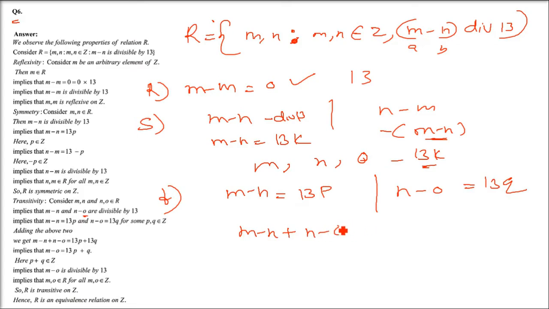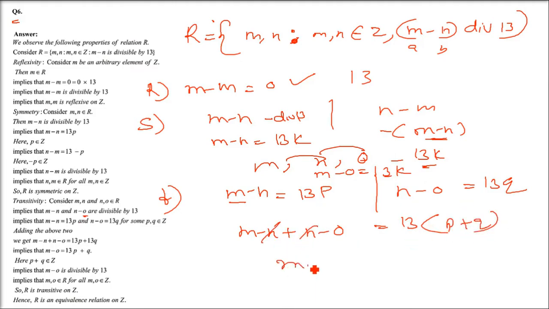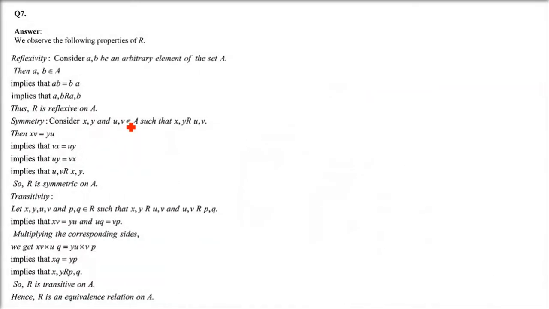M minus n plus n minus o is going to be 13p plus 13q, because we want m minus o to be 13 into some constant. So when we add them, we get 13 into p plus q. N gets cancelled. M minus o is 13 into some constant. So now this is transitive also, same as the earlier ones. So 5 questions are exactly similar.